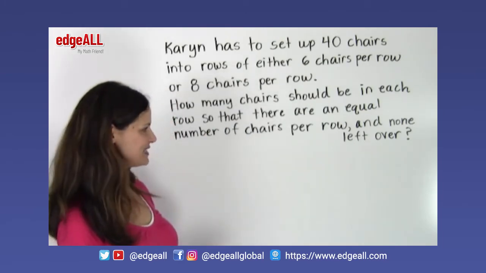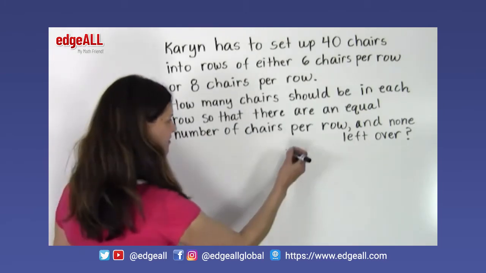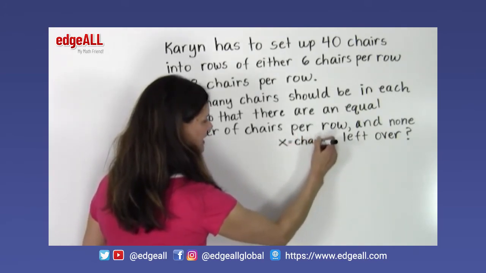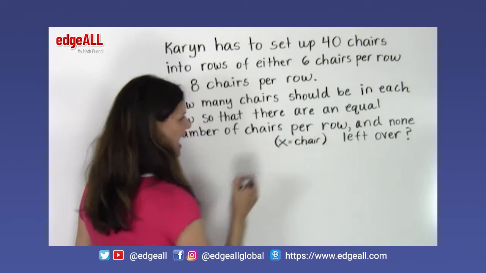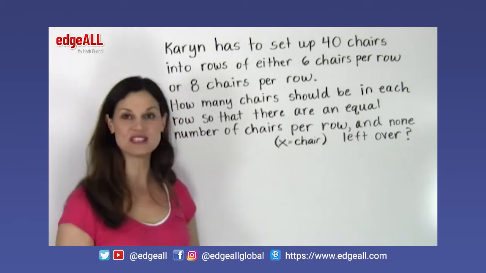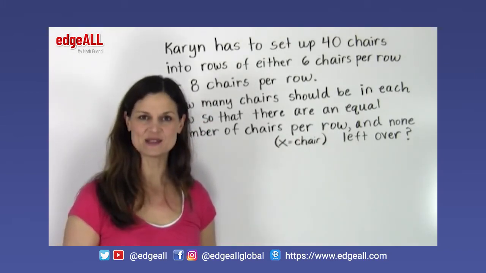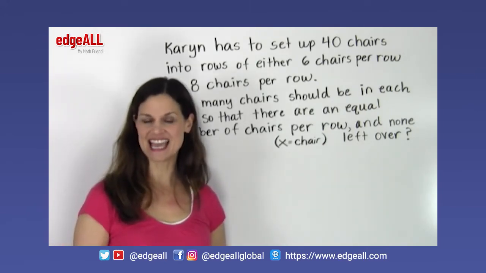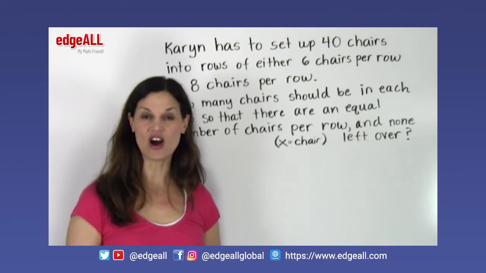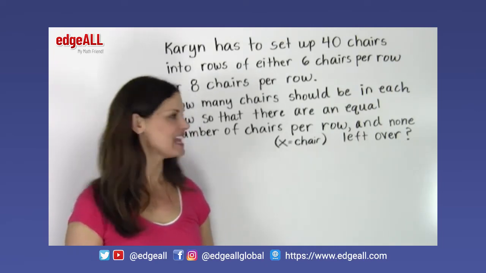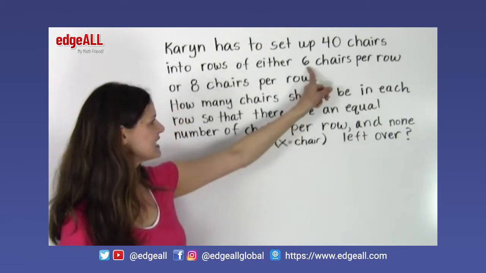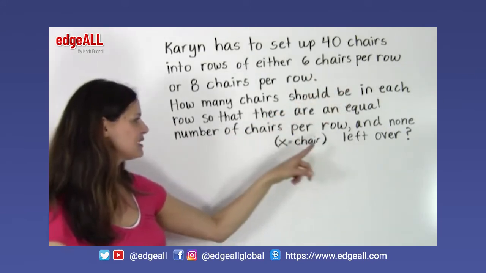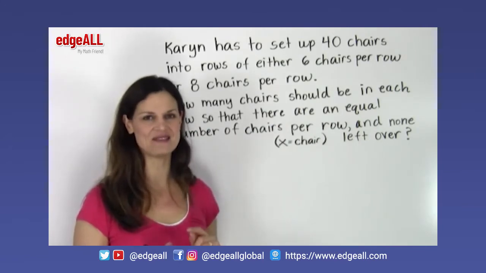So I'm going to have an X represent one chair, and I'm going to attempt to organize these 40 chairs first into rows of 6. Let's see if we can get all 40 chairs into rows of 6 chairs per row, with an equal number of chairs per row and none left over.